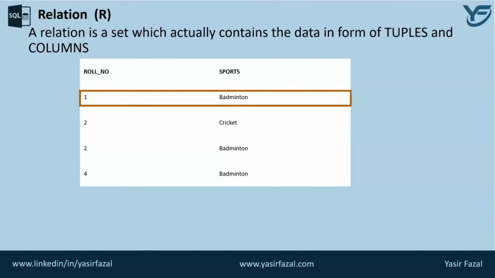A tuple always contains heterogeneous information in a relation. For example, on the screen you can see a row contains textual data as well as numerical data. How can you see that? Under the roll number, you can see numerical data. Under the sports, you can see textual data.